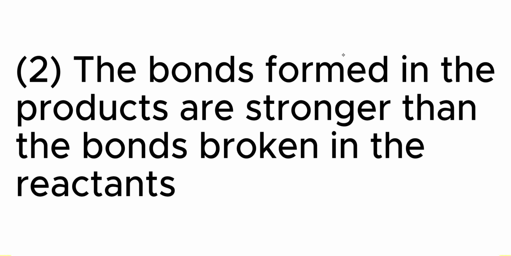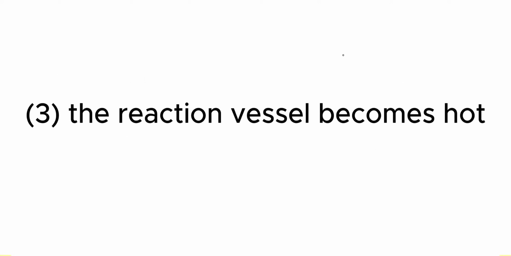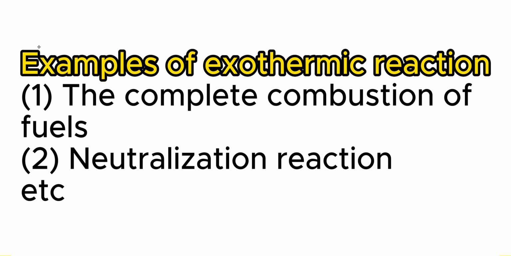Number two, the bonds formed in the products are stronger than the bonds broken in the reactants. Number three, the reaction vessel becomes hot. Examples of exothermic reaction. Number one, the complete combustion of fuels. Number two, neutralization reaction, and so on and so forth.